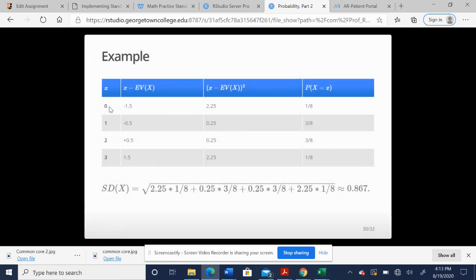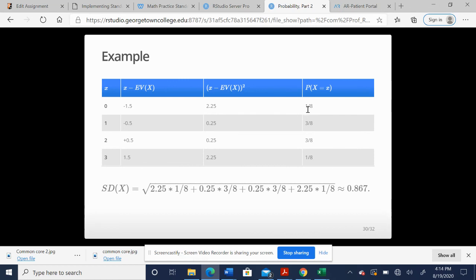So we saw the possibility of 0, 1, 2, 3 heads in the coin example. We calculated the expected value already to be 1.5. So if we subtract it from each one of these results, these are the deviations that we would get. Okay. Again, remember, standard deviation is a distance. We don't want to include negatives. So if we square those, we've eliminated the negatives.